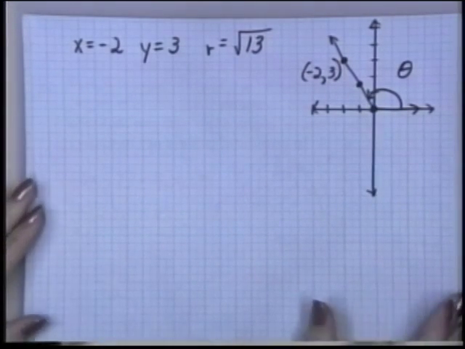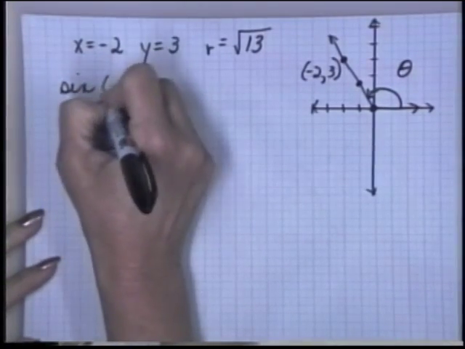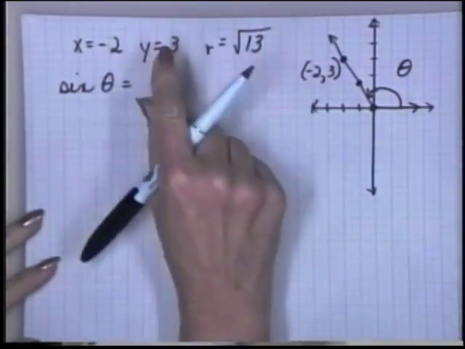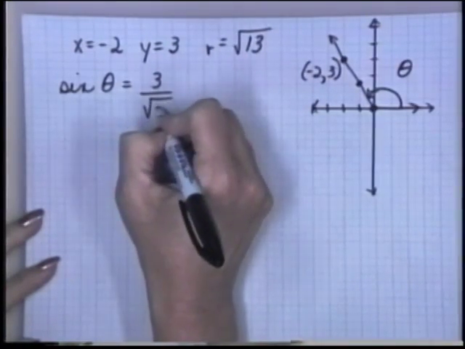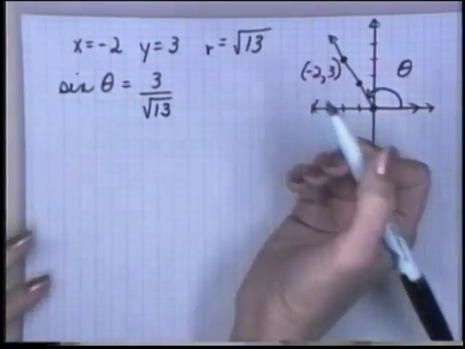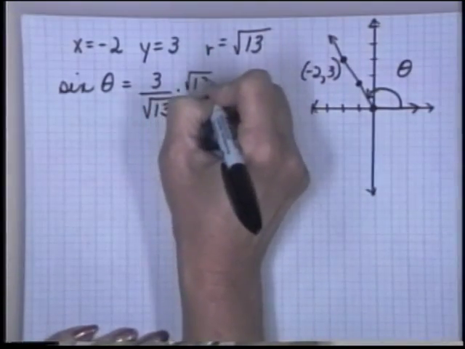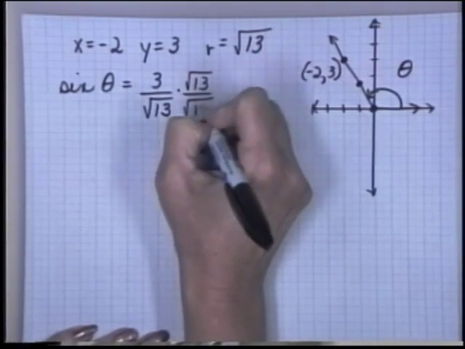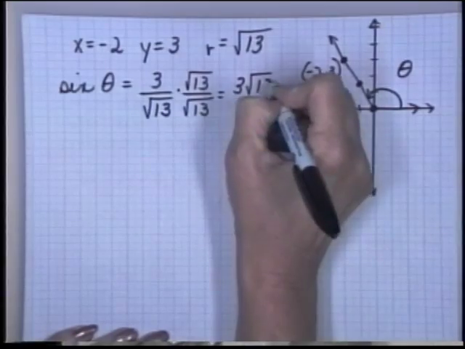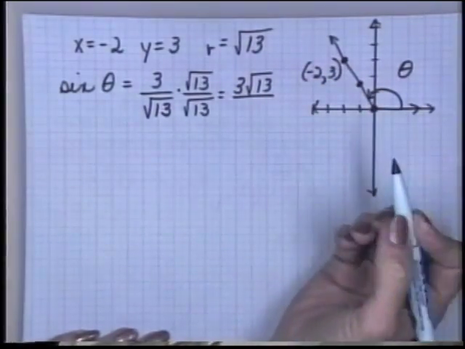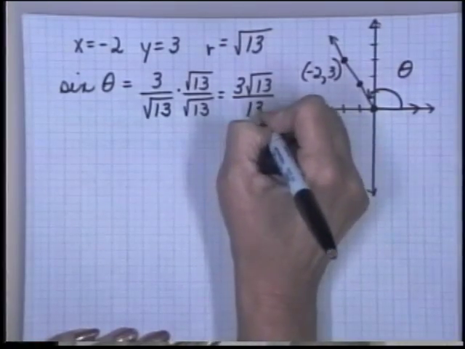Now let's get those 6 trig functions. Let's get the sine first. It's my y divided by r. And I know that I can't leave it like that, so let's rationalize. So in the numerator, we'll have 3 times the square root of 13. In the denominator, the square root of 13 times the square root of 13 is 13.